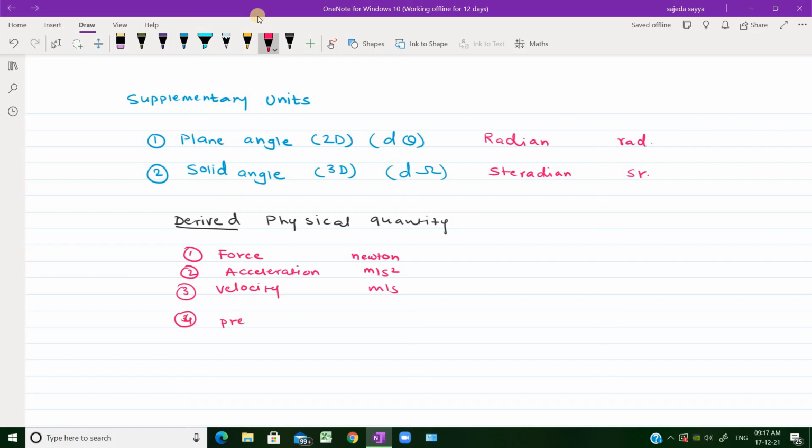Pressure, it is force upon area, so it is Newton per meter square. Power, it is work done upon time, so it is joule per second.